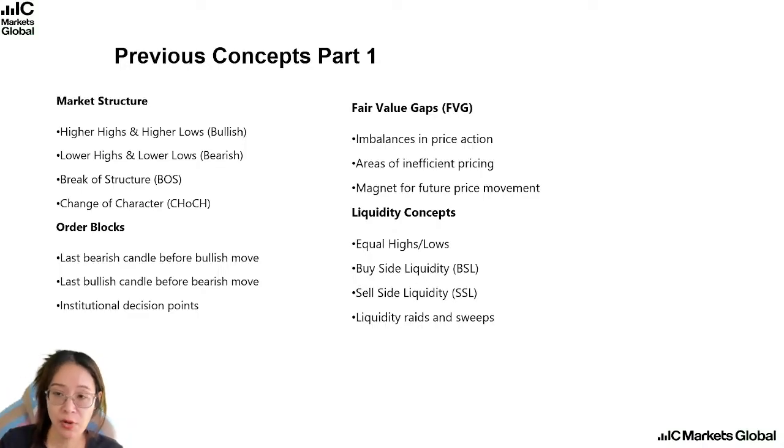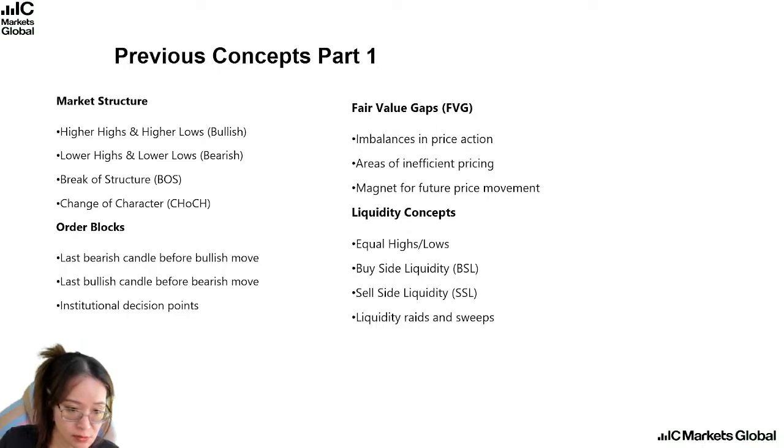If bullish, price needs to make a higher high, higher low. If bearish, price will make a lower high, lower low. Break of structure is trend continuation, and change of character means the change of the trend. We also covered FVG, the order block, and the liquidity concept. I will bring you to the chart.